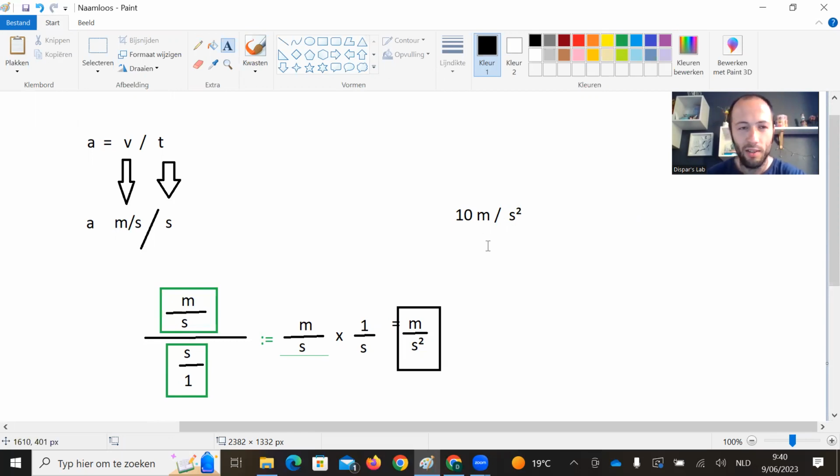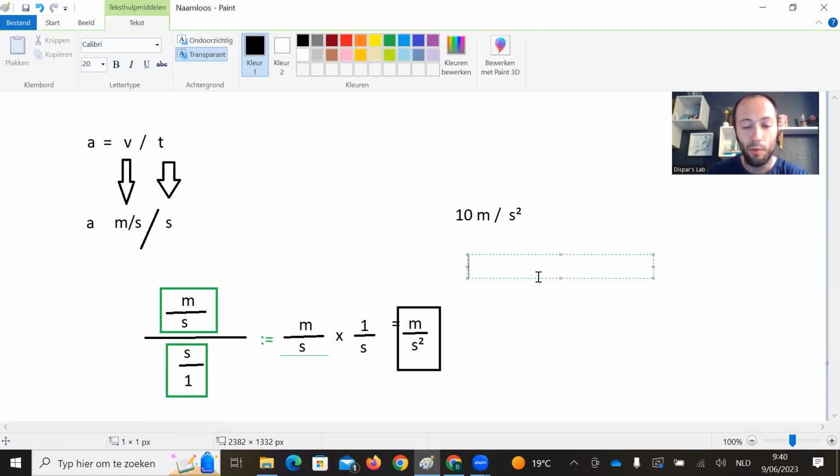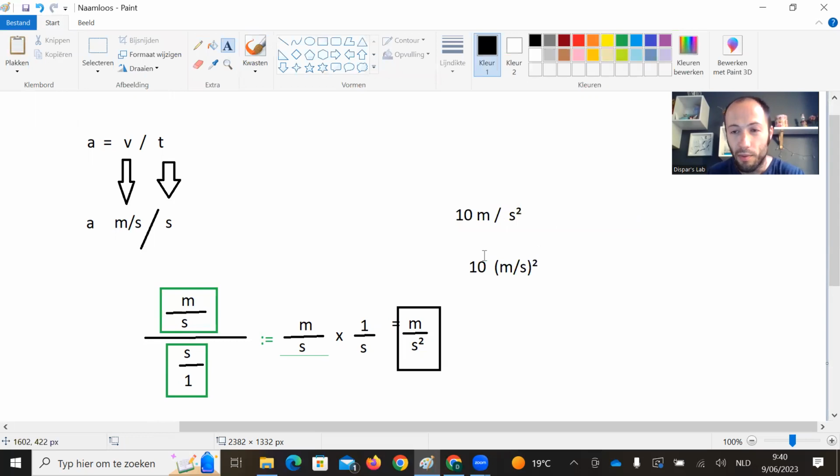That's not how it works. Otherwise, it would be written with the whole meters per second squared. If it is written like that, then that would mean that you would have to square this entire thing. Then indeed you would have to square your velocity.